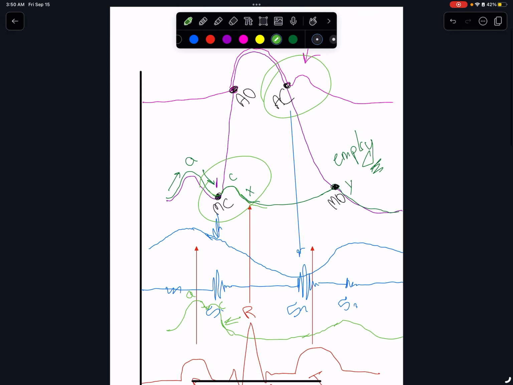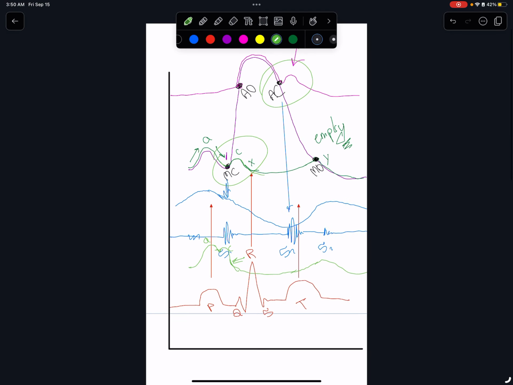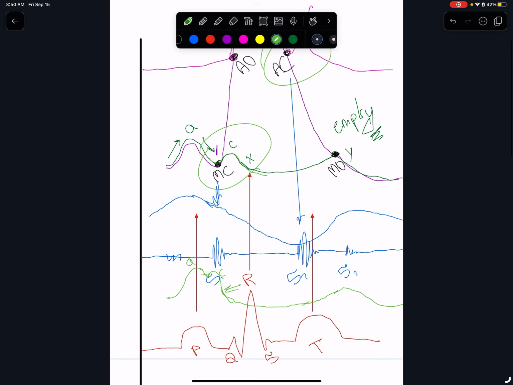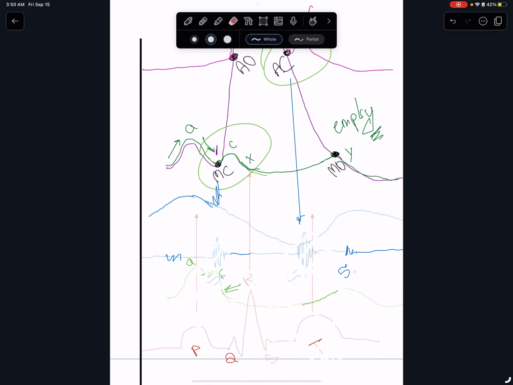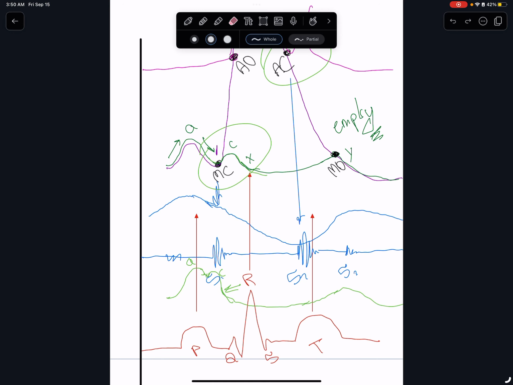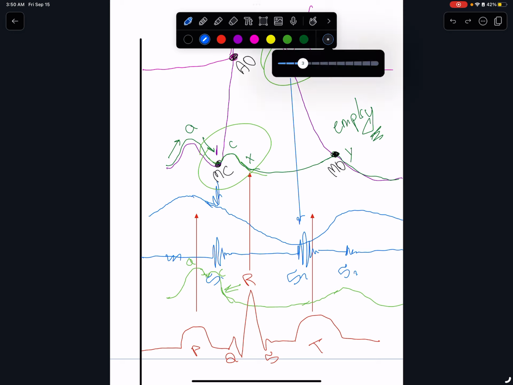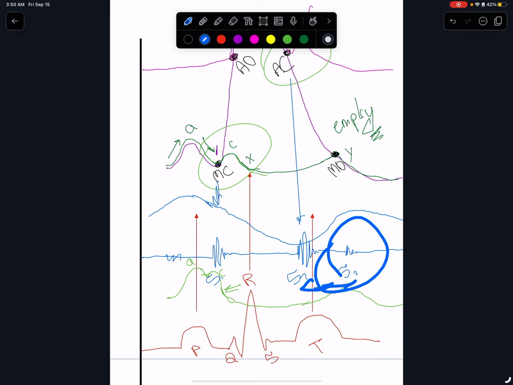What else? Okay, let's discuss the pathologies that will come in the questions. If there was a sound that's closer to the S2, then it is the S3, like it will be early diastolic.